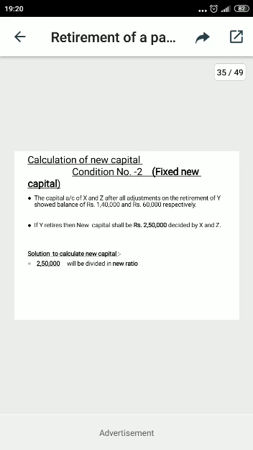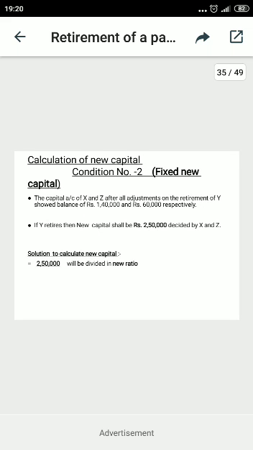The next case is when the fixed new capital is given. This is to be considered as the new capital and divided into the new ratio. Like, the question is given: X and Y, and after the adjustments their capital balances are 1 lakh 40 thousand and 60,000. These balances are derived after all the adjustments by making the capital accounts.